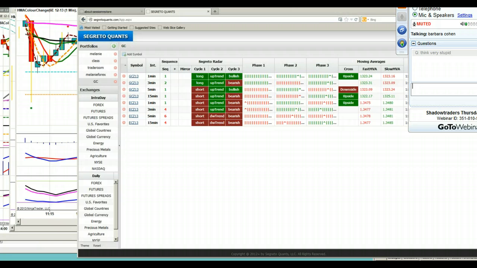If you're thinking about using Segredo, even at $100 a month, it will save you from losing money, even if you're still nervous and only making baby trades. It will save you from that $500 loss. It's well worth it, and you're locked into the $100 rate for your lifetime.